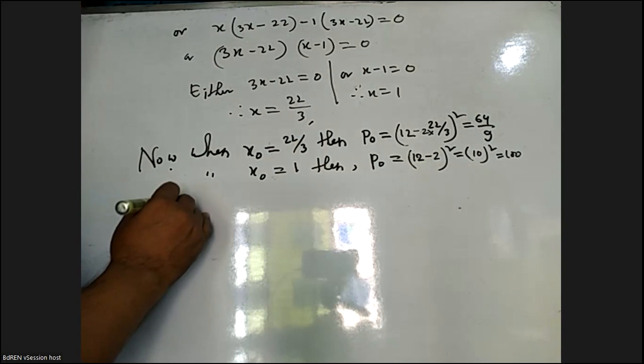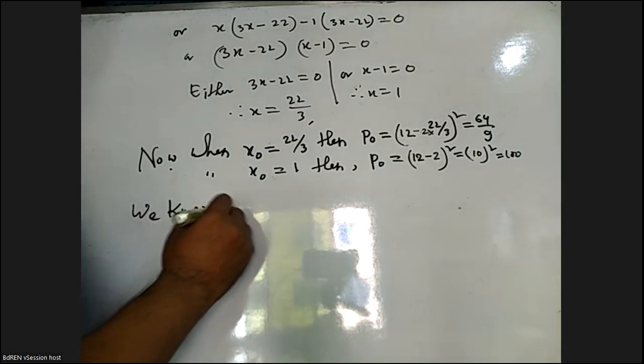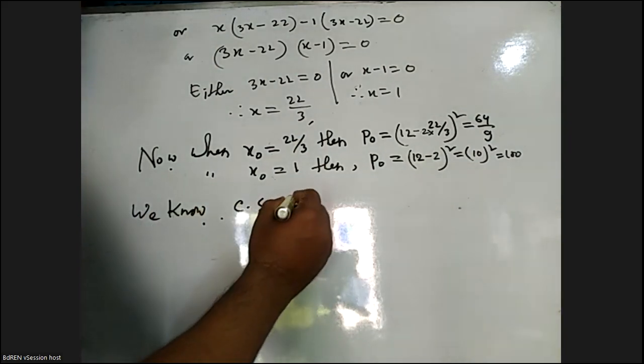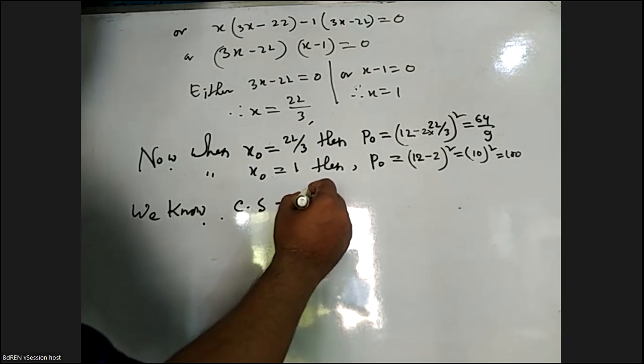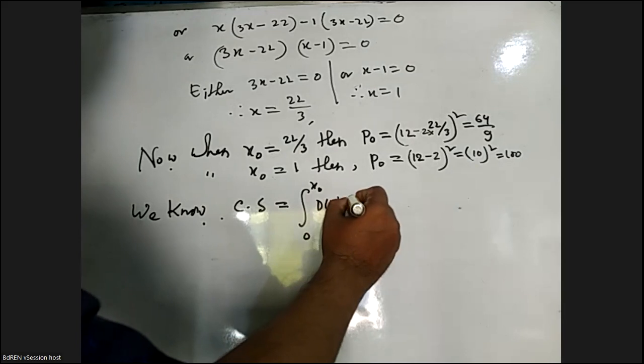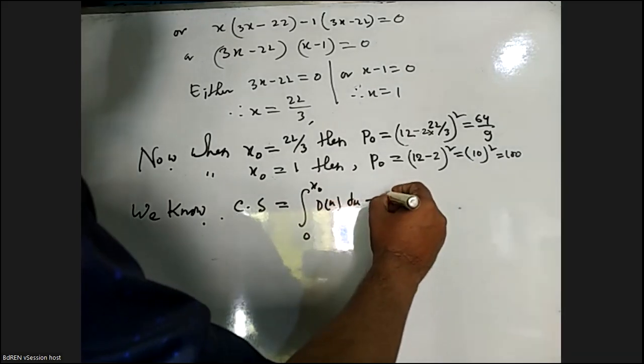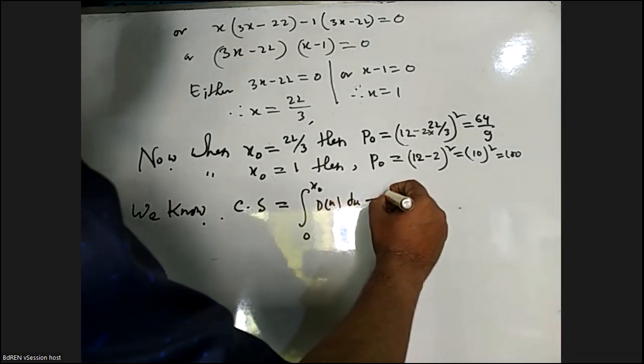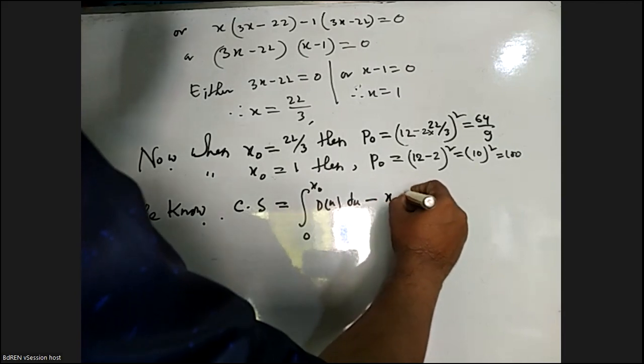We know consumer surplus CS equals the area under the curve of the demand function minus the total revenue of initial quantity and price.